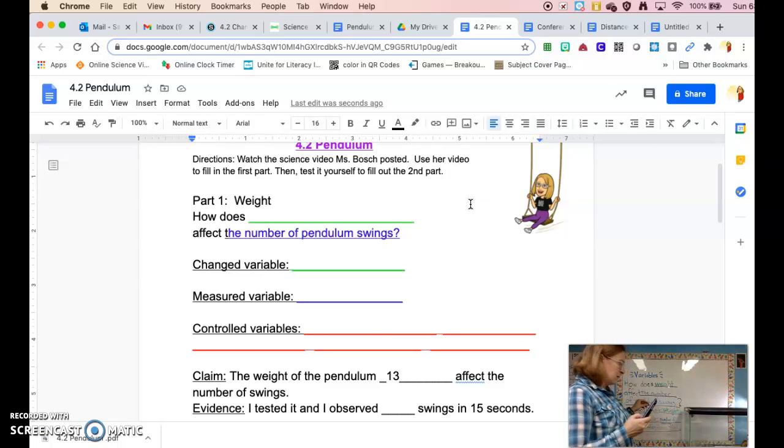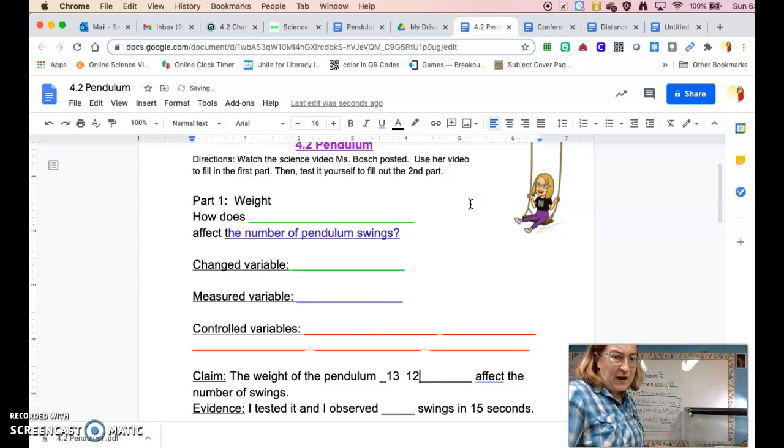Here we go. 1, 2, 3, 4, 5, 6, 7, 8, 9, 10, 11, 12. That one was 12, kind of 12 and a half, but we call it 12. If it doesn't finish 13, we count that as 12 for this experiment.